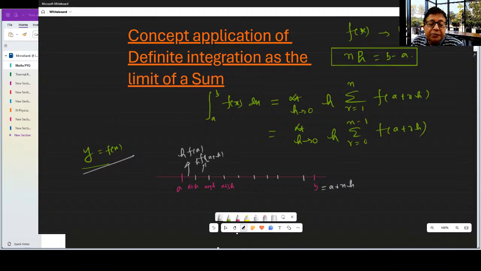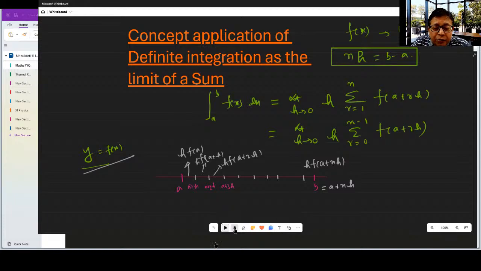This multiplication will ensure why definite integration is the area bounded by a curve. That part I am coming to later. Here it is h f of a plus 2h like this. Here h into f of a plus nh.